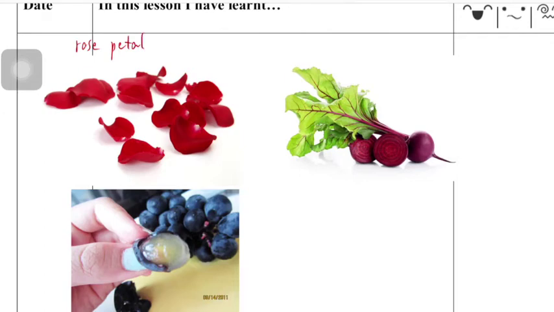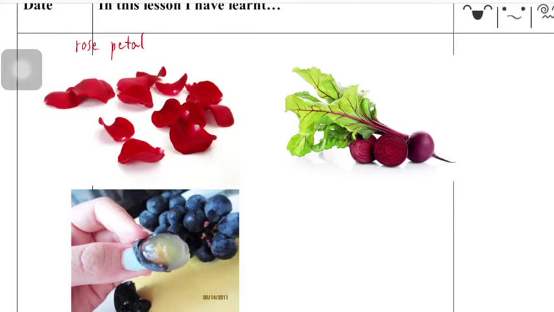If you want to try the rose petal, you would not drop the samples onto the rose petal. You need to get the juice out of the petal, so you can grind it or squeeze it to get the juice out, and then it would show a different color when you put in acid, maybe your vinegar, and you can also try the shampoo that you have at home.